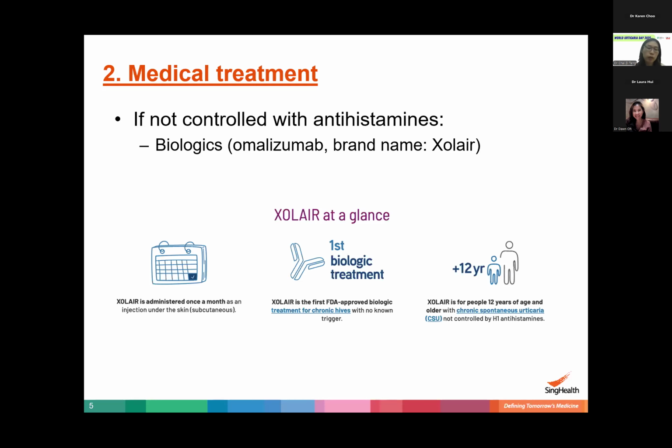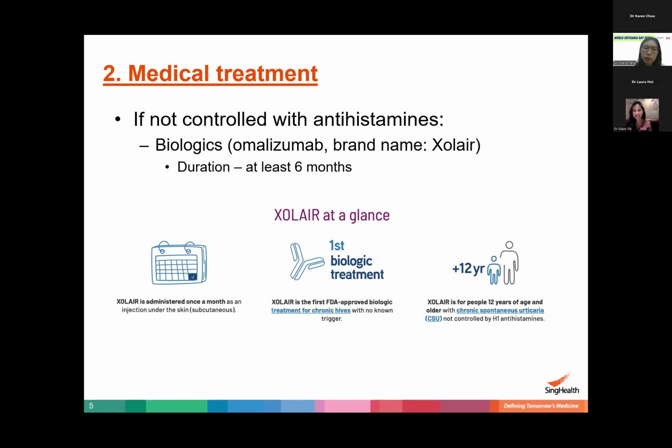Who injects it? It can be yourself if you learn from the nurses. Or in cases where you can't do it yourself, then sometimes we can consider having the injection done at our center. It's the first biologic approved by the FDA for treatment of chronic hives, and generally people who are 12 years and above can receive this medication.